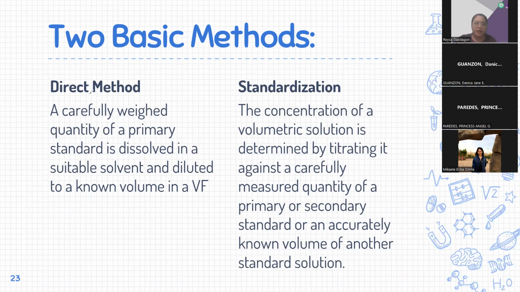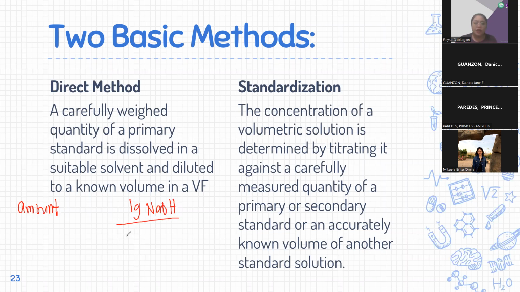Okay. So again, when you say direct method, it is where you have a specific amount of your sample, like you get 1 gram of sodium hydroxide and then dissolve it. For example, our suitable solvent for sodium hydroxide is just water.